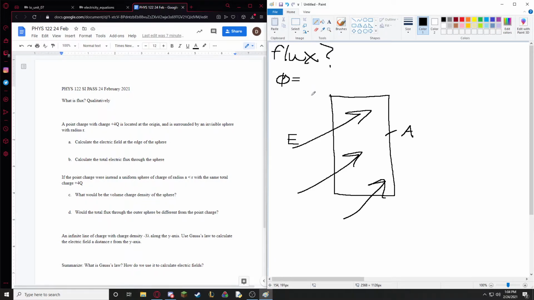Would that be the SI unit? So what would be the SI units of flux? Do you know what that would be? Voltmeters. And so how would we define that in terms of electric field and area? First of all, what's the SI units of electric field?